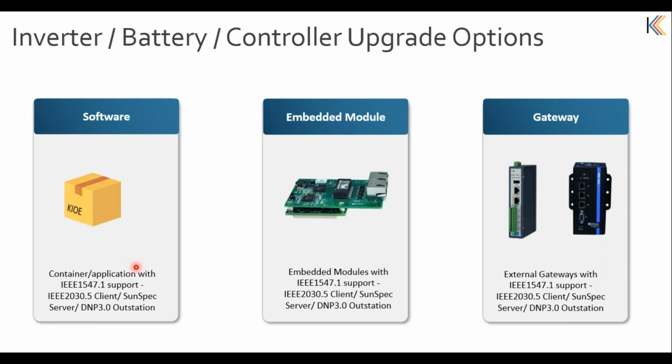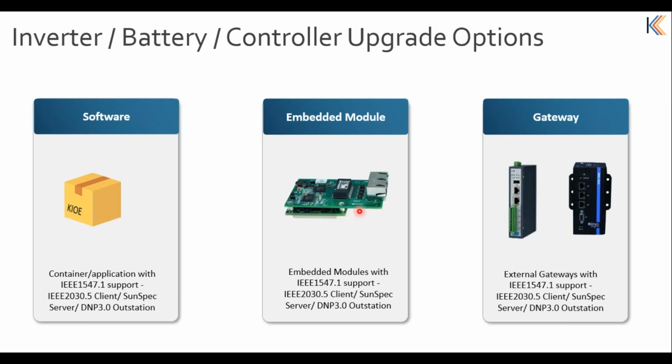And this software, which runs inside the device, can help you to comply with any of the standards. Or maybe if you want to have all the three interfaces available, it can be enabled for all three interfaces and make your devices comply with the standard.